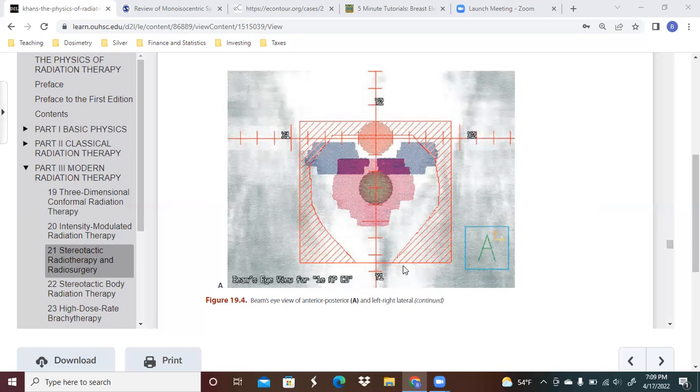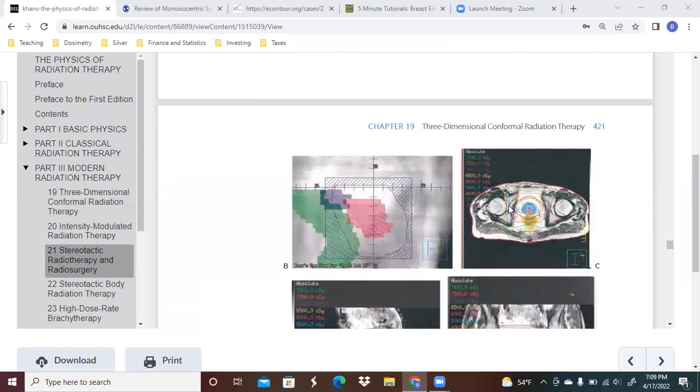In 3D planning, we are trying to figure out how to get those isodose lines to look the way we want them to look. And we're doing it piece by piece as we're putting together the beam arrangements, as we're putting in the fields, the blocks, any wedges, weights, different energies, that kind of thing. That is considered to be forward planning. And forward planning is done by the dosimetrist or physicist in order to generate the isodose lines that we're looking for.